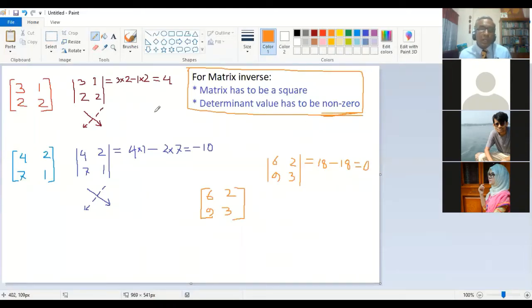So I have shown you some examples, so that you can see sometimes the determinant value can be positive, sometimes negative, and sometimes it can be 0 also. So if it is 0, then you will say, no, inverse matrix is not possible. You got my point?